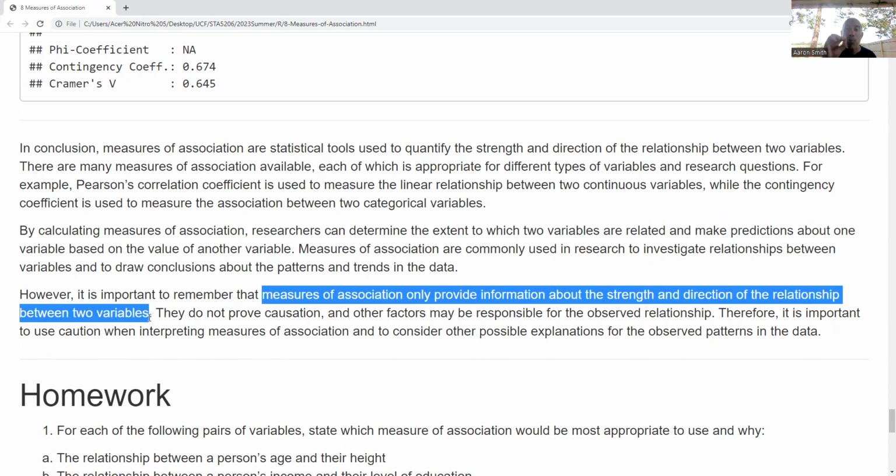They do not prove causation, and other factors may be responsible for the observed relationship. So correlation does not mean causation. Therefore, it is important to use caution when interpreting measures of association and to consider other possible explanations for the observed patterns in the data.